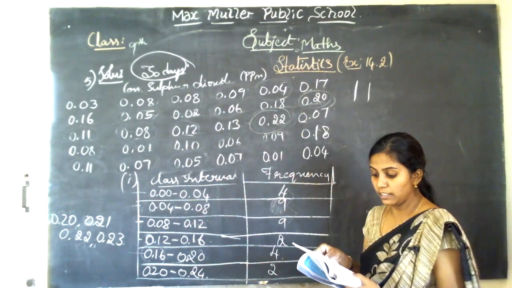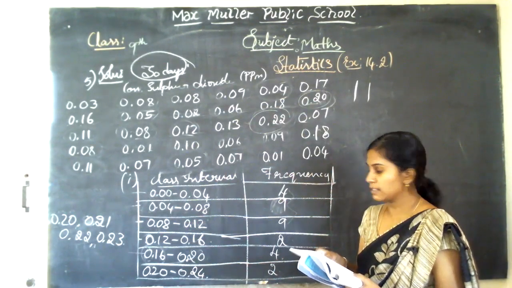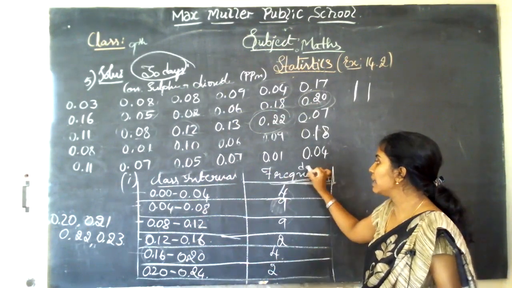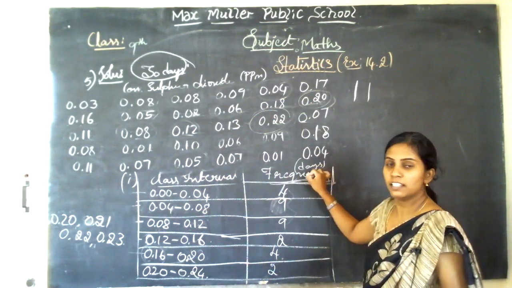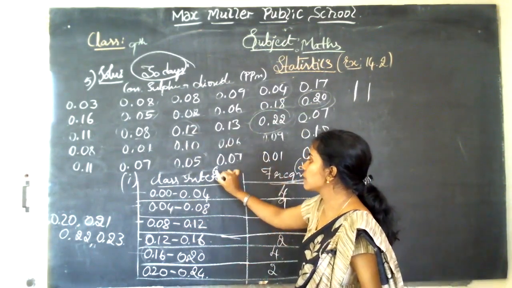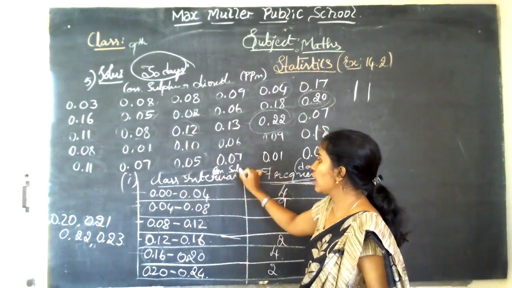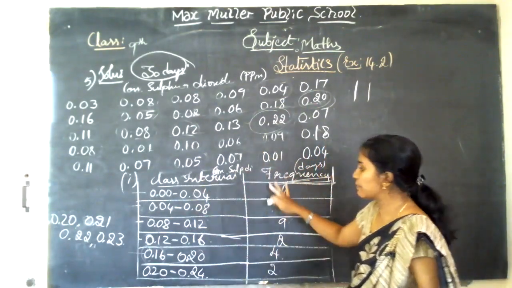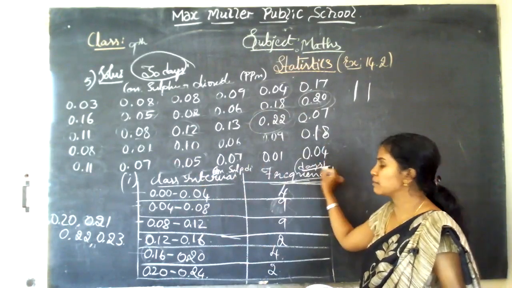You have to check the frequency. Frequency is nothing but the number of days, and class interval is the concentration of sulfur dioxide.